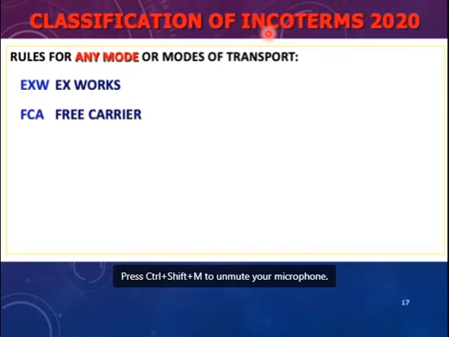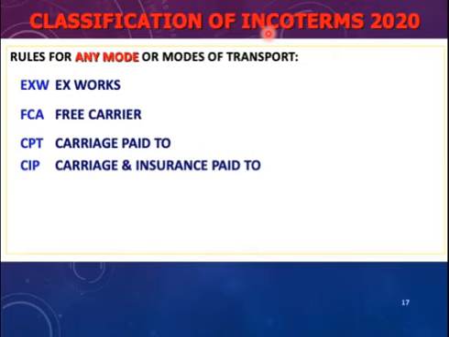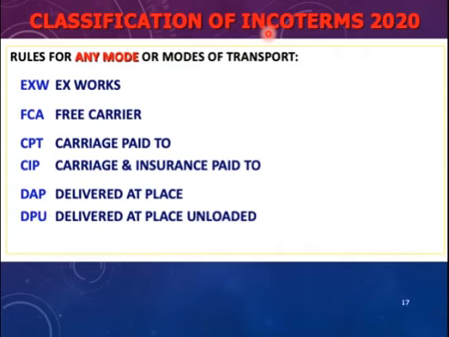The next is FCA, free carrier, CPT, carriage paid to, CIP, carriage and insurance paid to, DAP, delivered at place, DPU, delivered at place unloaded, and the next one is delivered duty paid. These are the seven rules for any mode of transport.